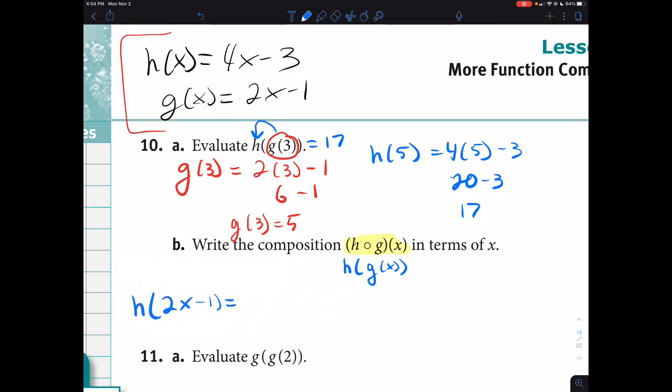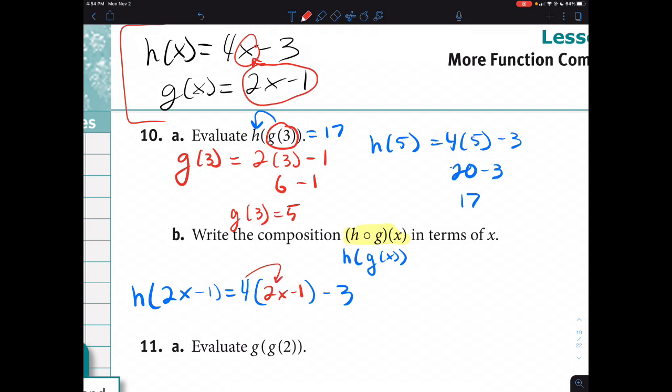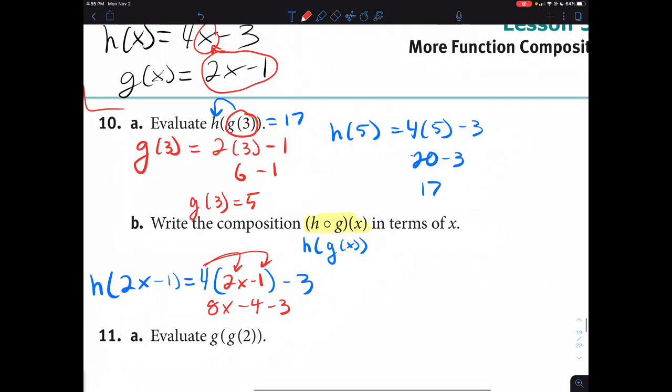So it's going to be 4 times blank minus 3, and in our blank, I took out the x, and I'm replacing it with 2x minus 1. And simplify, 4 times 2x is 8x. 4 times negative 1 is negative 4. Bring down the minus 3. And then finally we're going to get 8x minus 7 is our answer.